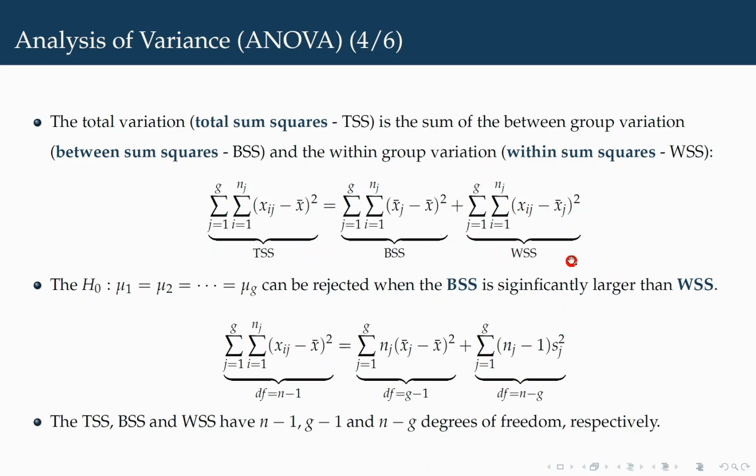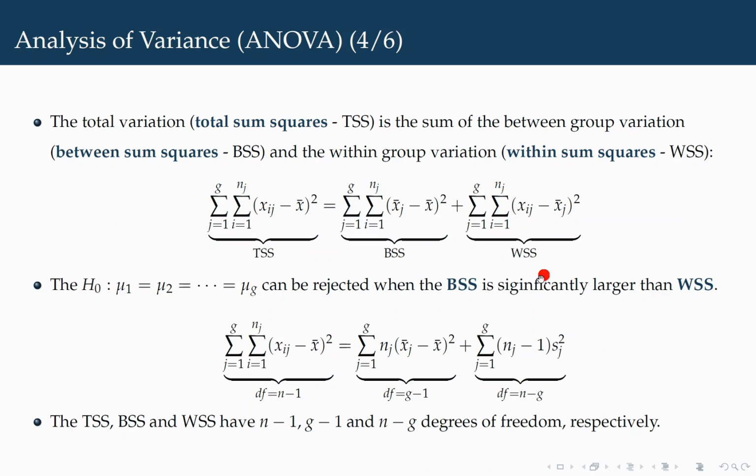So this formula, which decomposes the total sum square into between sum square and within sum square, can also be written in this form. For example, here we have x bar j, x bar. Now this is independent of i. Here we have sum of i running from 1 up to nj. So this is independent of i, so instead of this sum, we can simply write nj. Similarly, this is the within variation of the j's group, sum of xij minus x bar j square, i runs from 1 up to nj.